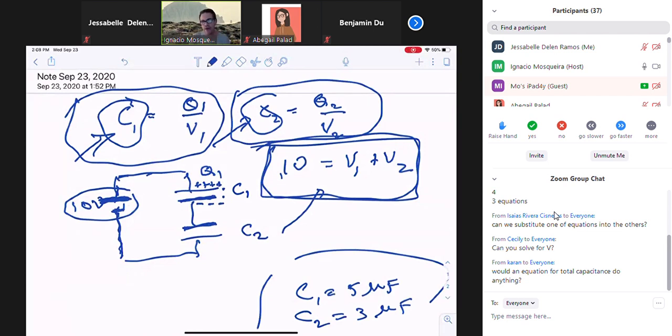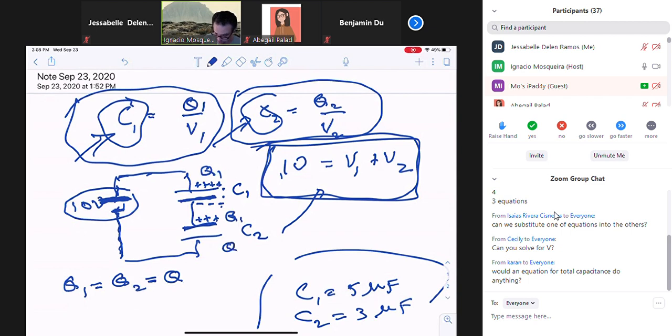It could come from a battery, from a plate in a capacitor, or wherever. If you have a junction, the charges don't disappear; either they go that way or they go that way. So in this case, the condition is telling you that the charge on this plate came from this plate. Therefore, you don't have two charges, Q1 and Q2; you only have one. So Q1 equals Q2 equals Q.